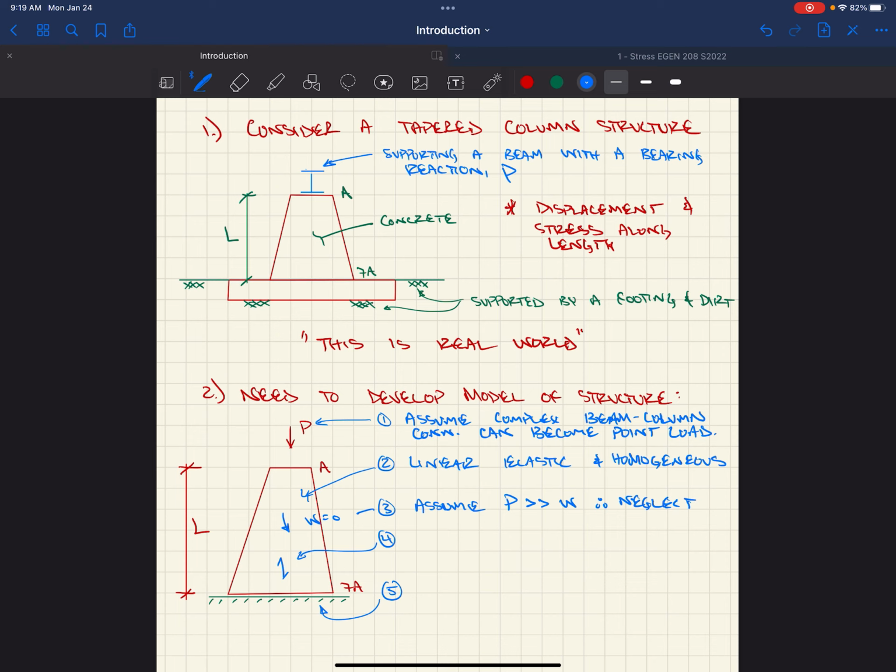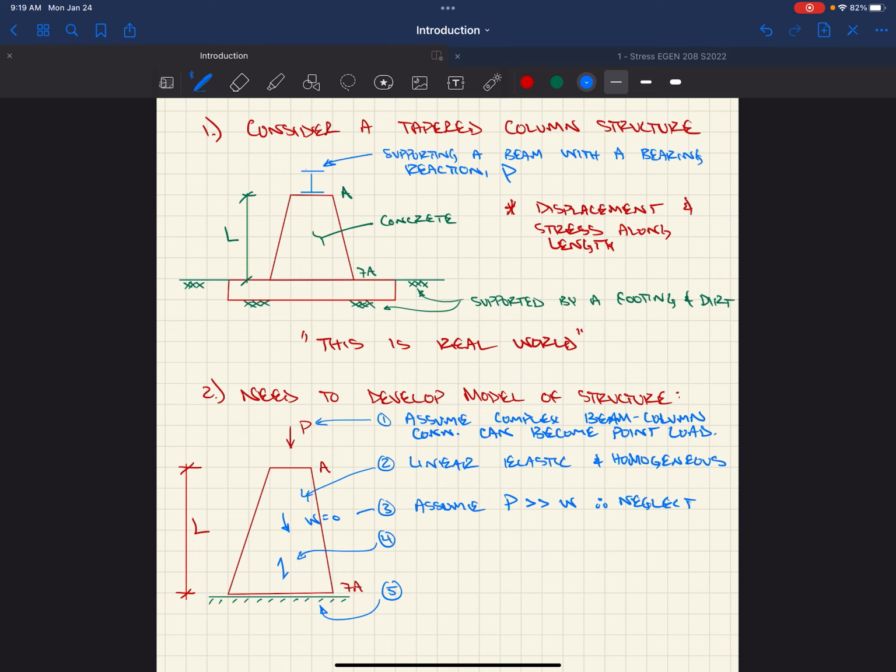That greatly simplifies what's going on here, right? We had to take into account the fact that this thing had weight to it, and as we moved down this column, that weight increases, with greater and greater significance as we move down the column.